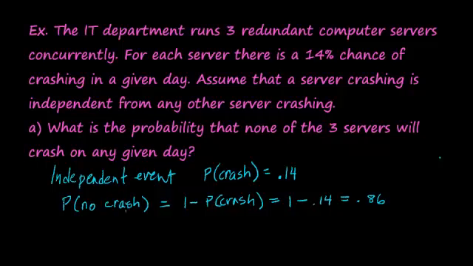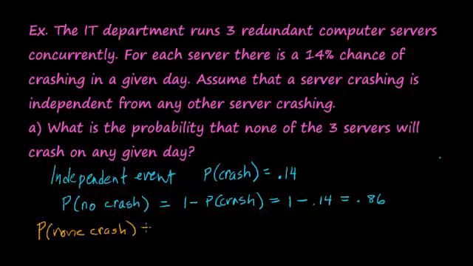Okay, so back to part A. What is the probability that none of the 3 servers will crash on any given day? So let's write that out. Probability none crash.